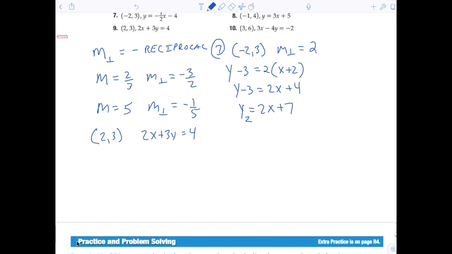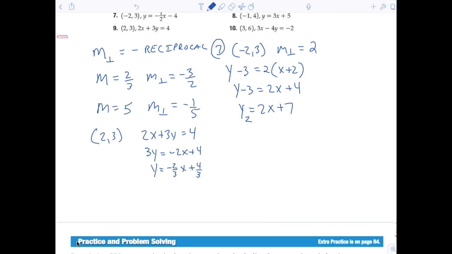I don't know what the slope is because I have to solve it and put it in the right form. So 3y equals negative 2x plus 4. Then I divide by 3. So now I have y equals negative 2/3 x plus 4/3.